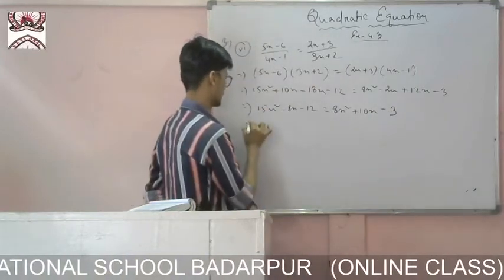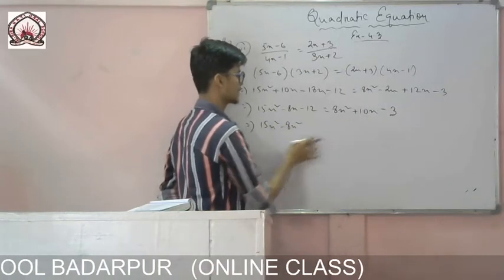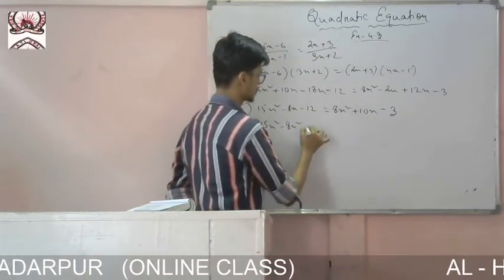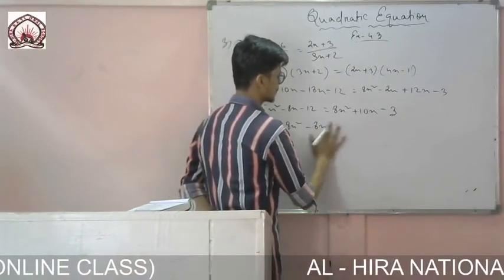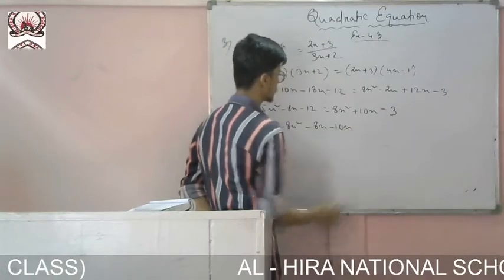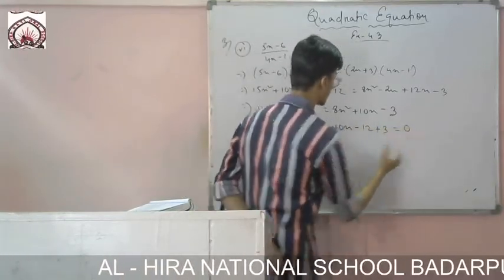Okay, so 15x square minus 8x square, I am bringing it here and directly arranging also. Then minus 8x; the plus 10x, if it comes here it will be minus 10x; minus 12 is there, and this minus 3, if it comes here it will be plus 3, equals to 0.